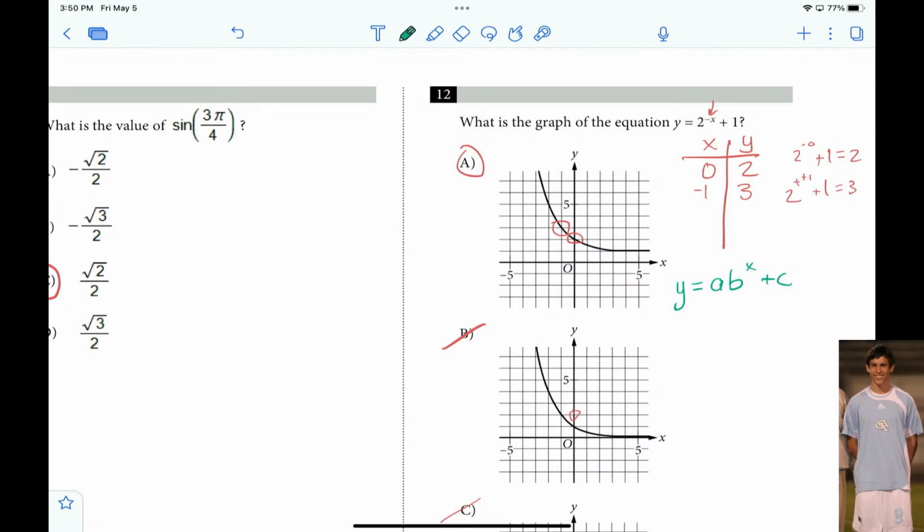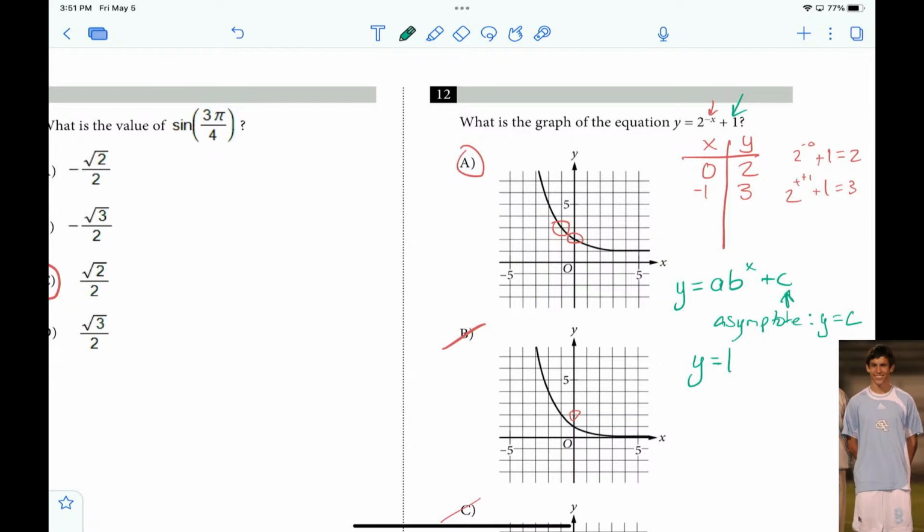I'm just going to talk about this number at the end, the C. This tells us where the asymptote is going to be. And an asymptote is a line that the graph approaches but never quite touches, nor does it cross. The asymptote is just going to be at y equals whatever C is. So for this problem, I would notice that the C value is +1. So we should have an asymptote at y equals 1.